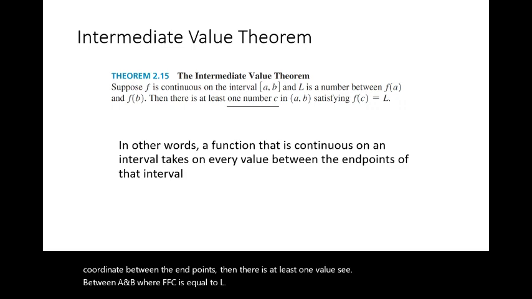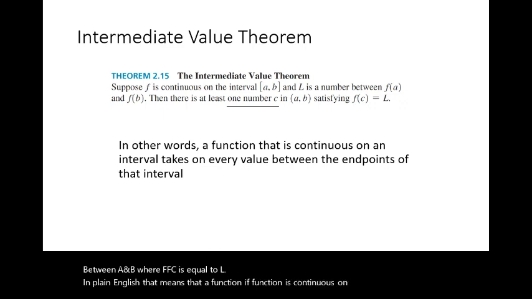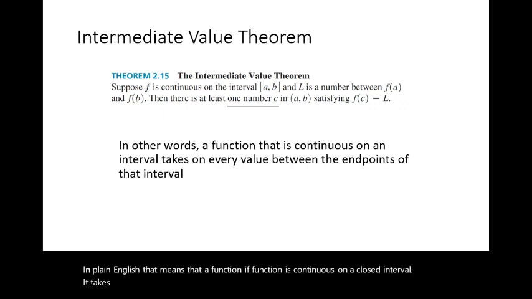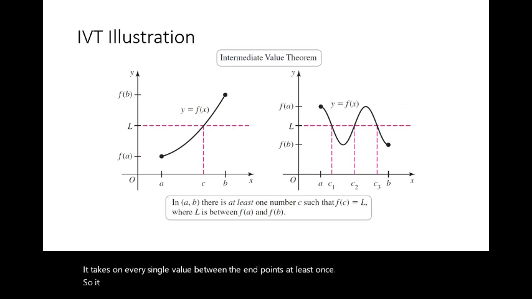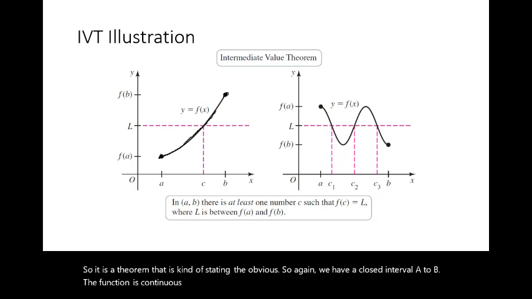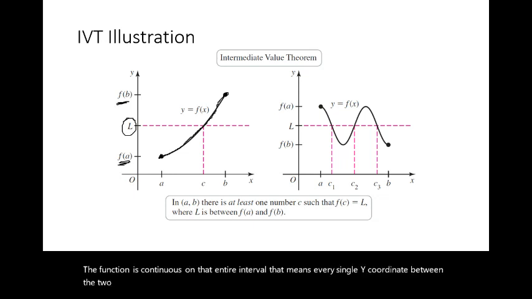In plain English, that means that if a function is continuous on a closed interval, it takes on every single value between the endpoints at least once. So it is a theorem that is kind of stating the obvious. We have a closed interval, a to b. The function is continuous on that entire interval. That means every single y-coordinate between the 2 endpoints has a corresponding x-coordinate at least once.